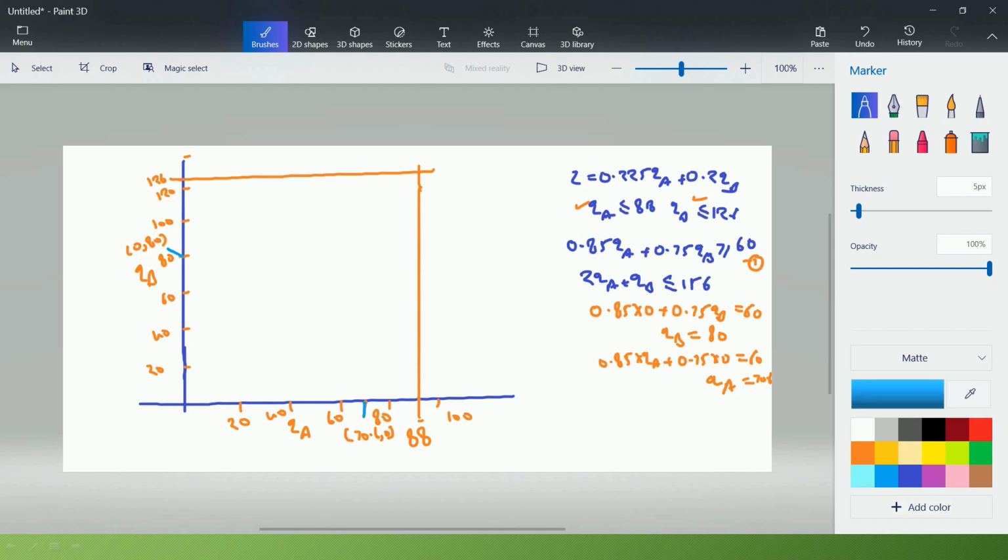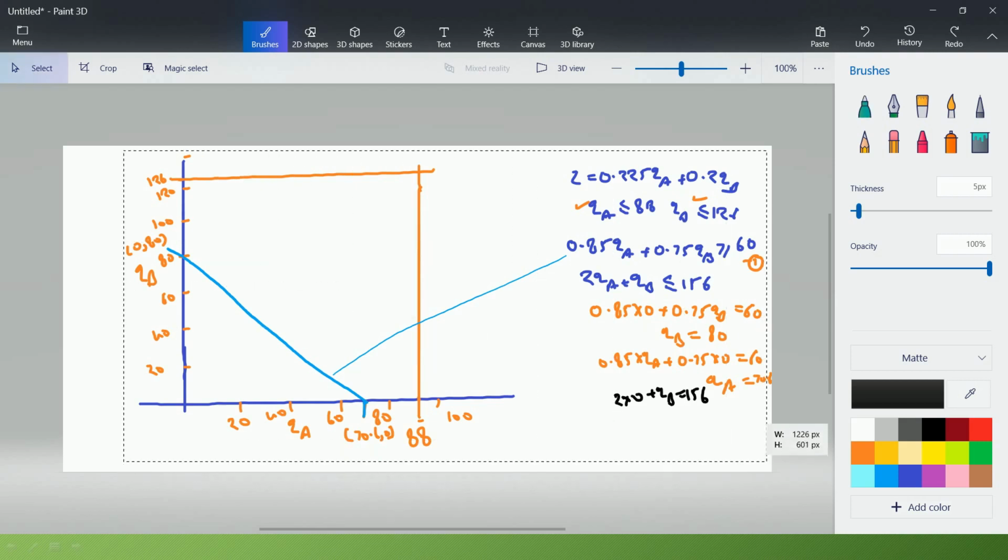Now let me draw a straight line. This is greater than or equal to, so the area should be outward. Now we will solve this equation. QA equal to 0, QB will be 156.